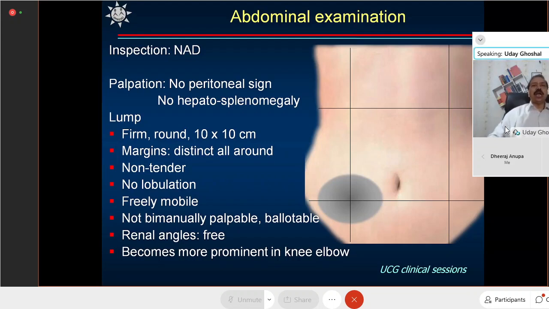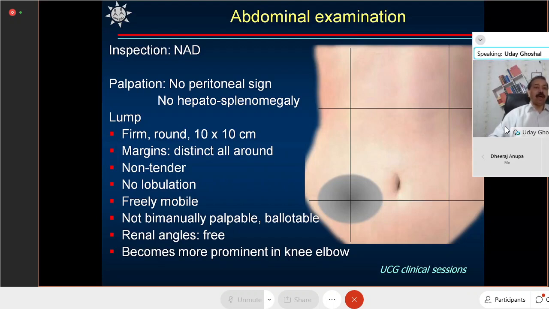This is right, involving part of the hypogastrium, part of the lumbar region, and part of the right iliac fossa. It is around 10 into 10 centimeter. Margins are distinct all around, non-tender, no lobulation.